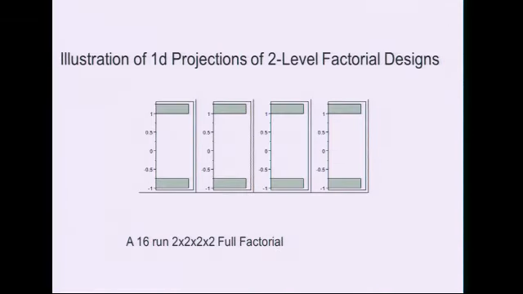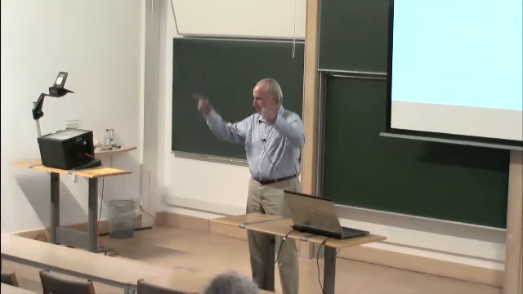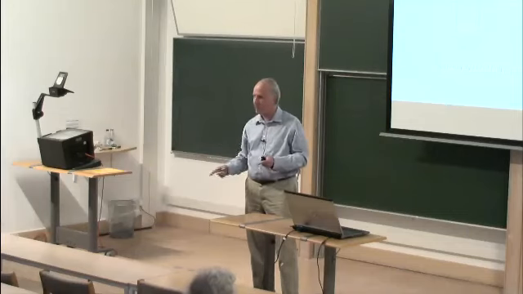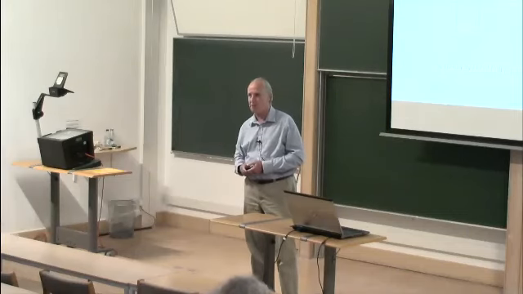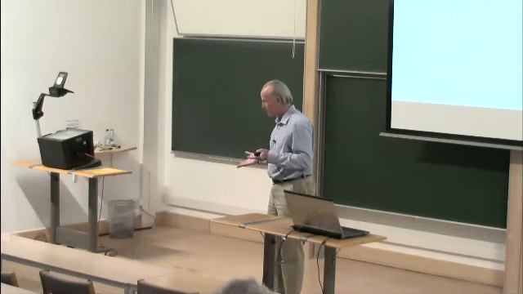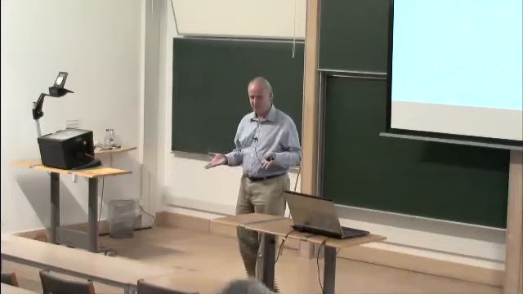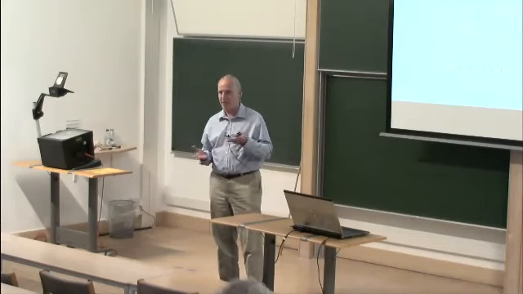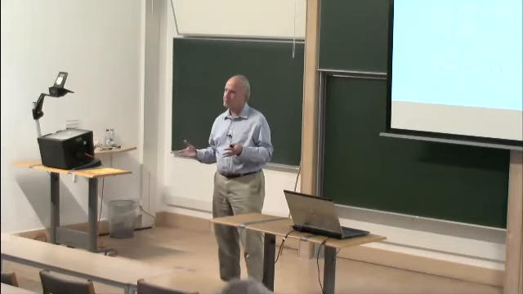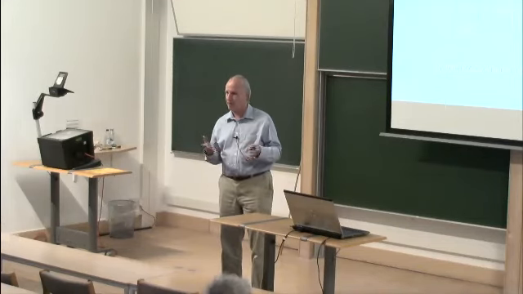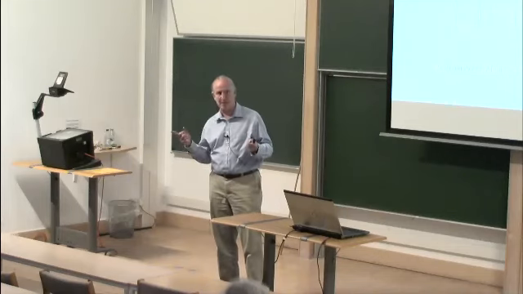This is what the 1D projections look like for two-level factorial designs. And we see everything falls on either one point or the other point, and then there's a lot of built-in replication. And that built-in replication is actually a feature. And that's what allows you to reduce the variance of the differences in means.